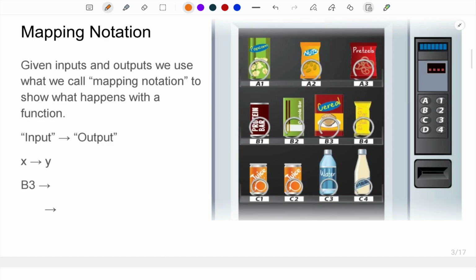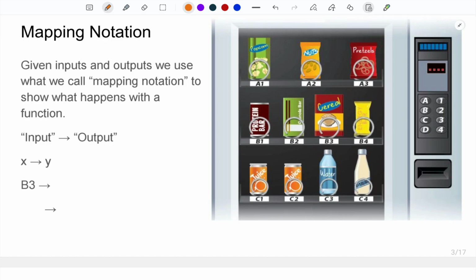And another way we can look at functions, sometimes we use this thing called mapping notation, which we'll see throughout the course. What it really gets at is, given some input that we start with, we tell it what the output is. We map to the output.